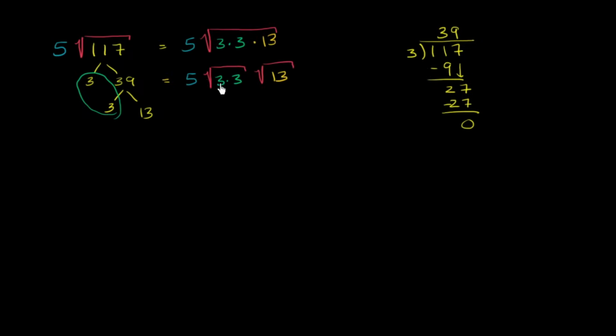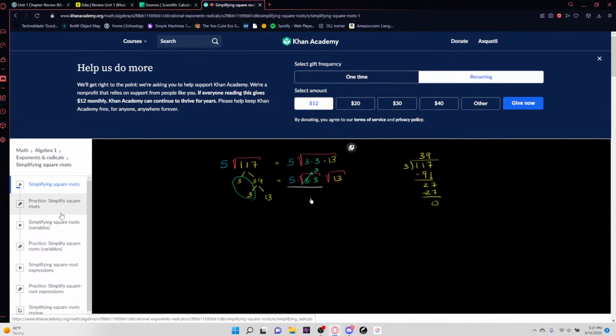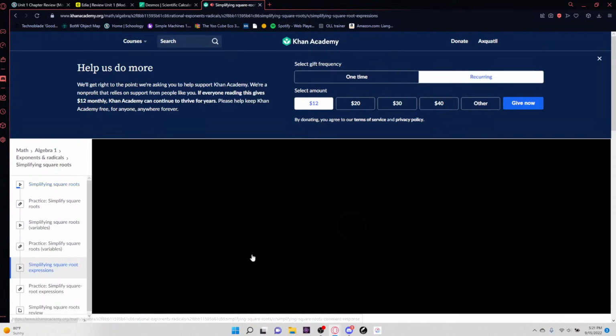Now, what's the square root of 3 times 3? Well, that's the square root of 9. That's the square root of 3 squared. That's just going to give you 3. So this whole thing is 5 times 3 times the square root of 13. So this part right over here would give us 15 times the square root of 13.